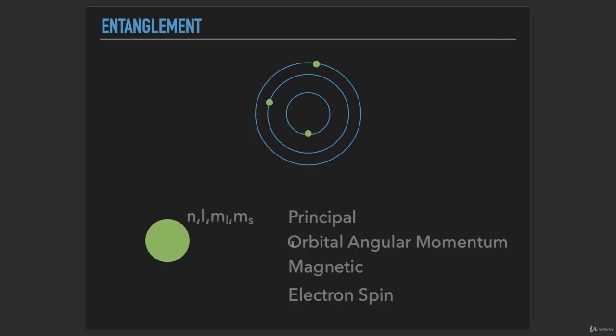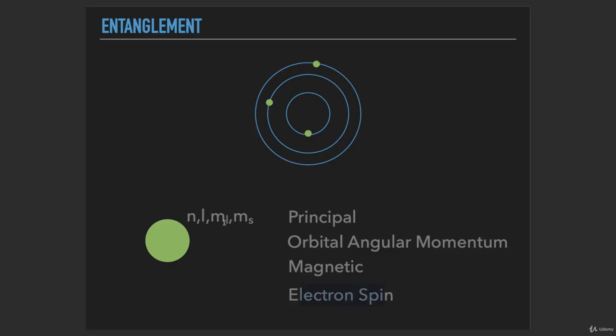The second one is the orbital angular momentum, so it represents the angular momentum of the electron. The third one is the magnetic measurement, and the final one, the one that we are interested in, is actually the electron spin.